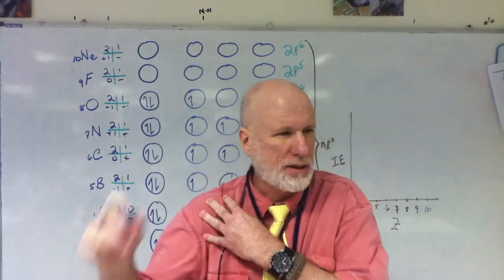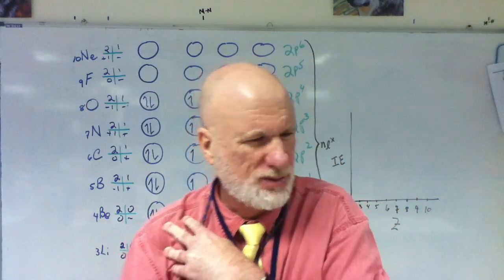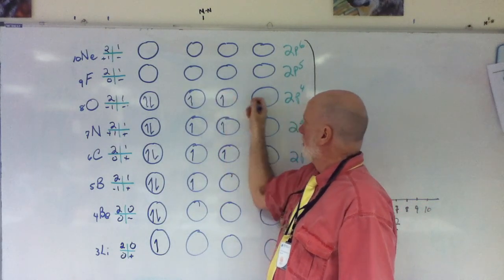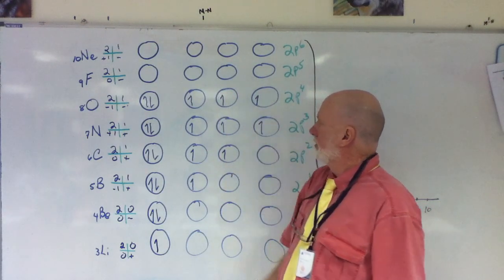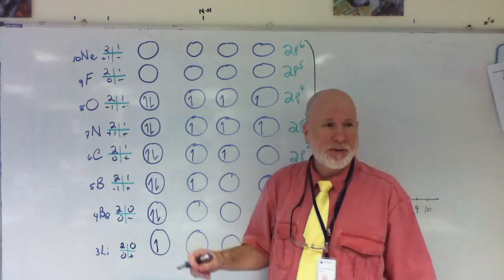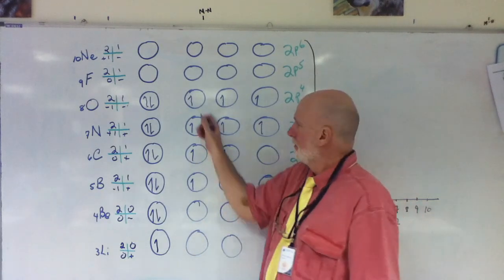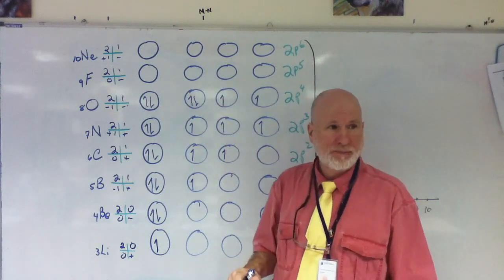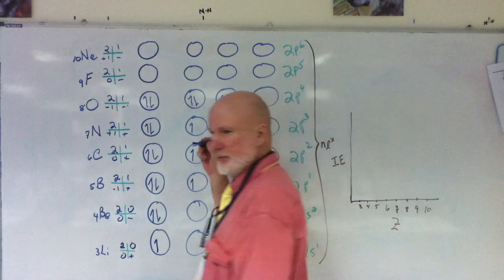I have torn rotator cuffs. It really hurts to write on the board like this. What else? Where's the other one? The first, yeah. Is that it? Yes. Okay. I'm going to turn around and do this.